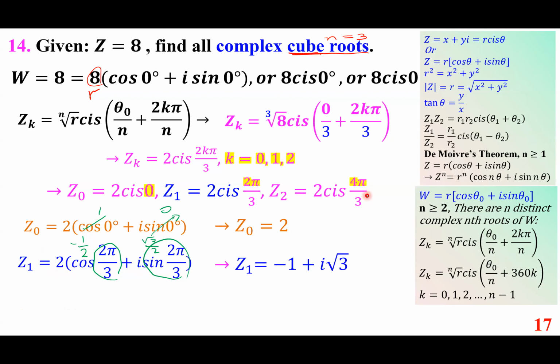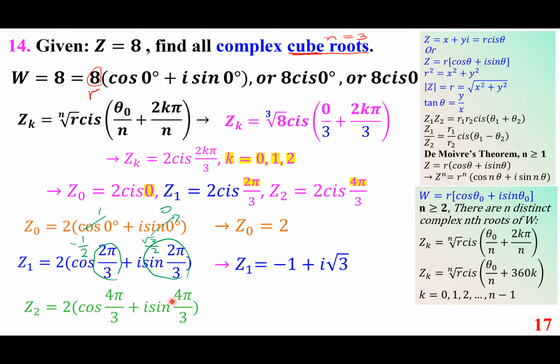What about the last one? z sub 2 is 4 pi over 3. Again, the reference arc is pi over 3. In the third quadrant, cosine is negative, so it becomes the same thing, negative 1/2 here. But what about sine? Sine is also negative.